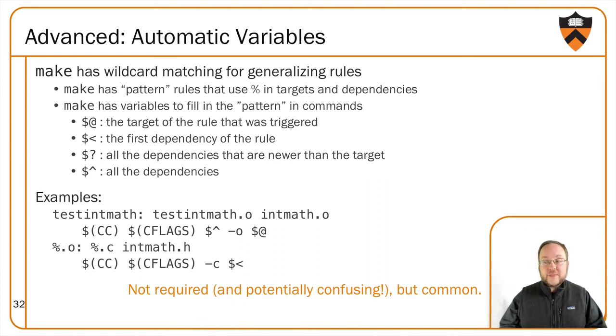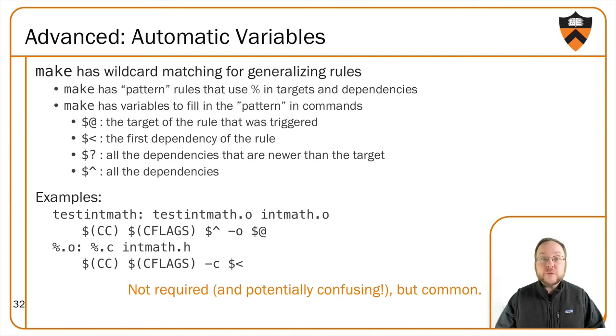So in that sense, we can see the second example. We had two separate rules, one for testintmath.o and one for intmath.o, and we replaced them with a single rule that would use the $< to say the first dependency of this rule, whatever it was. So this definitely isn't as readable because we have to figure out what pattern applies rather than looking for the exact target.